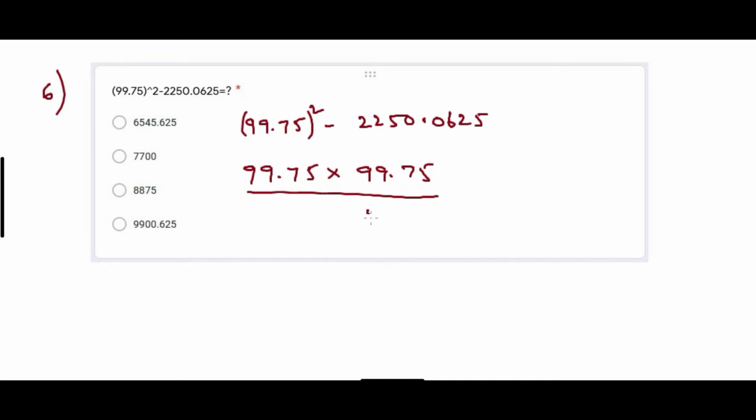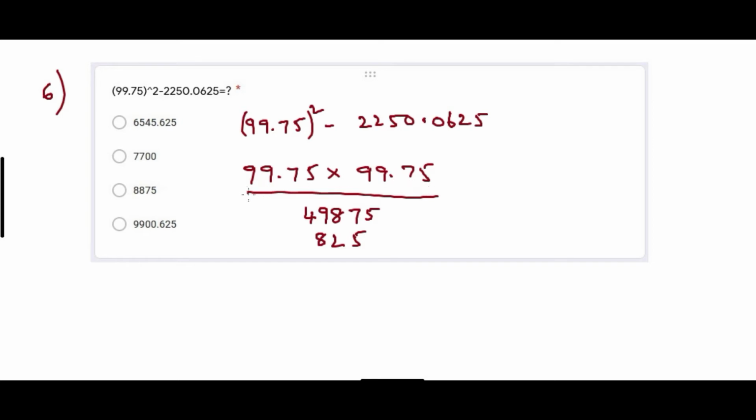5 into 5 is 25, 2 is carry and this is 5, 5 into 5 7 are 35, 3 7 and 5 9s are 45, 3 48, 4 8, 5 9s are 45, 4 49, 7 5s are 35, 7 7s are 49 and 52, 7 9s are 63 and 63, 65, 68, 6 and 8, 6.